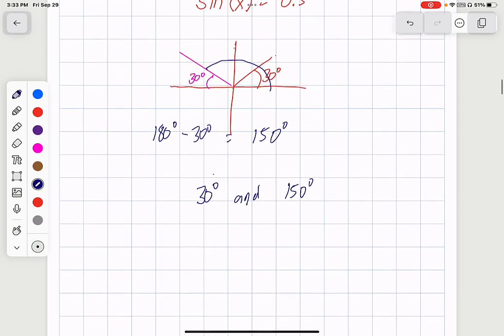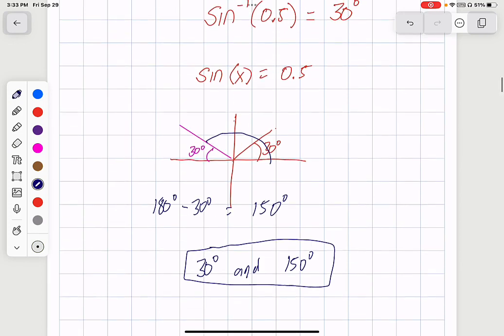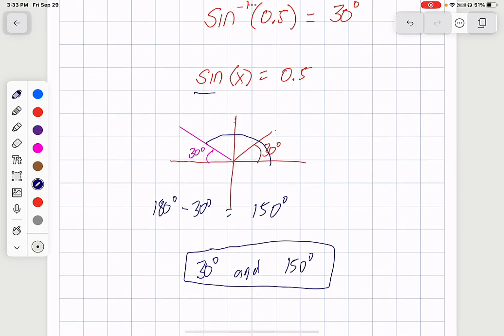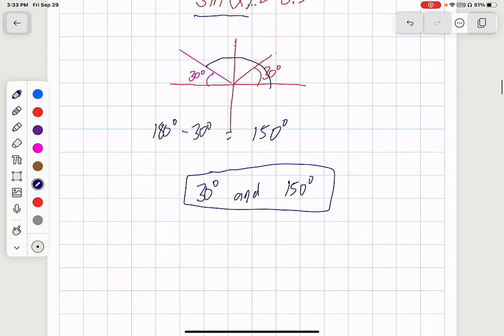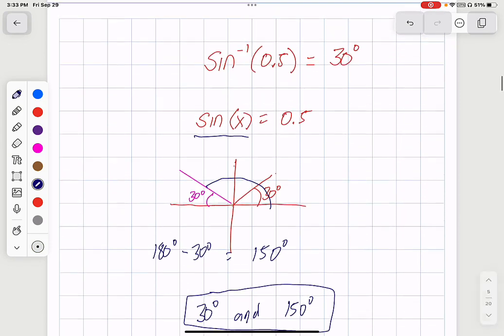Now, in getting the answer to these problems, we want these angles to be between 0 and 360 degrees, or between 0 and 2 pi. So for these problems where I'm doing a sine of x equals some value, a cosine of x equals some value, or a tangent of x equals some value, I want that angle to be between 0 and 360 degrees, or between 0 and 2 pi.